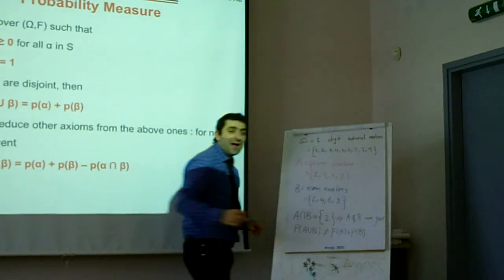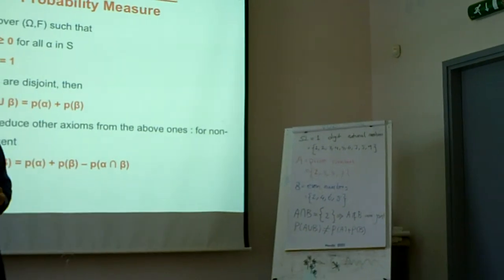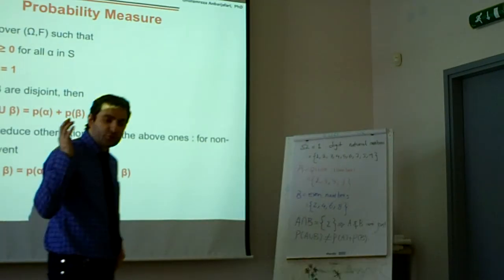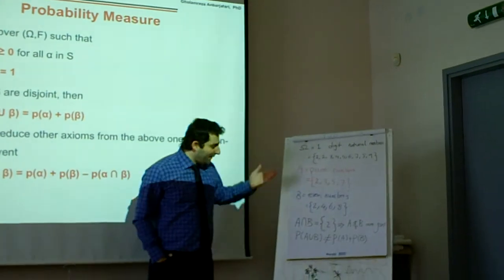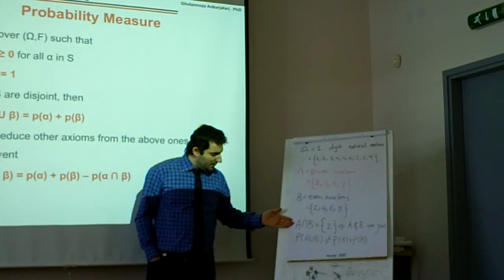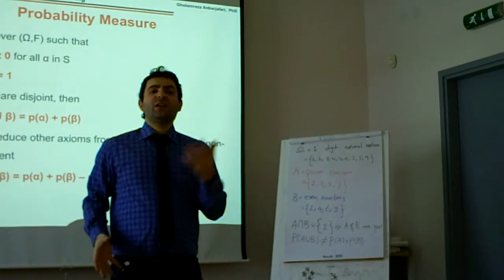So what will happen if we have joint events, like in here? They have A, they have B, they are joint. What is the probability of event A or event B?